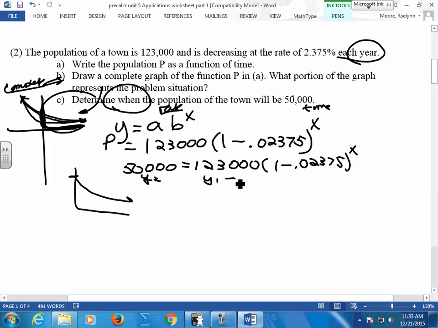Now, in terms of your x, you're going to see a decrease. What do you think is a good x value for this? An x max? Let's just think about it for a second. It's decreasing, and I have to go more than halfway down. So if you're going to graph this, what should you put as your x max? 140,000?